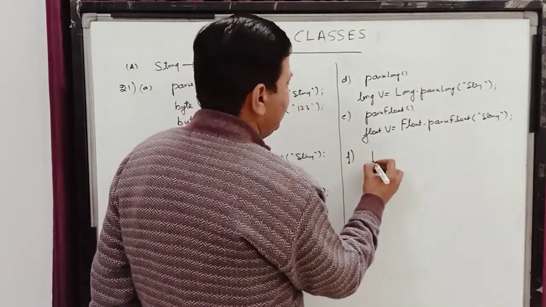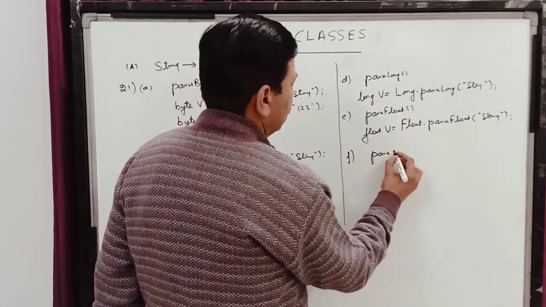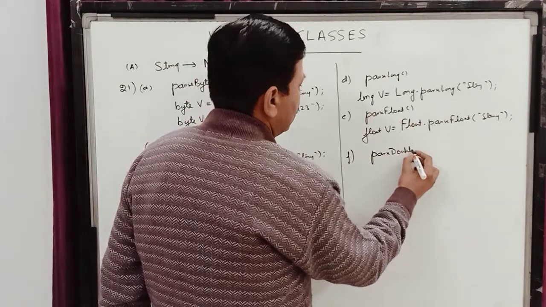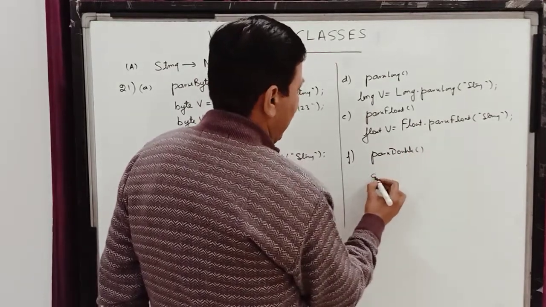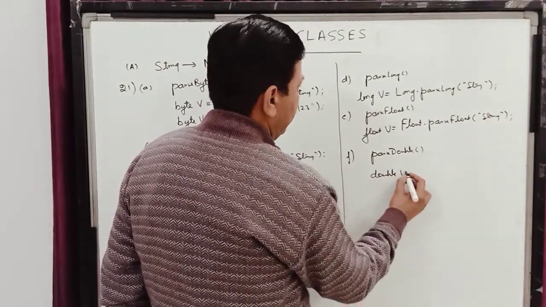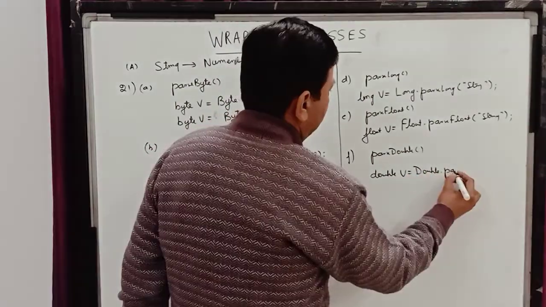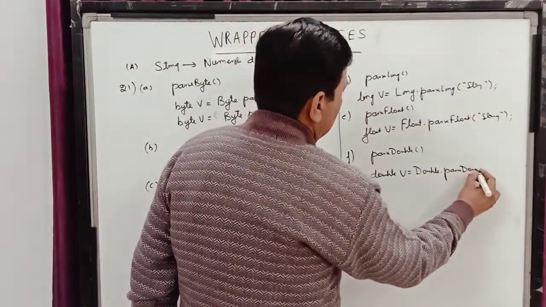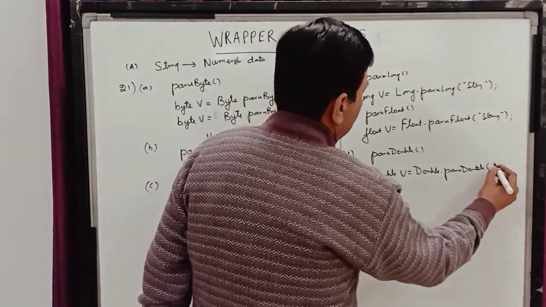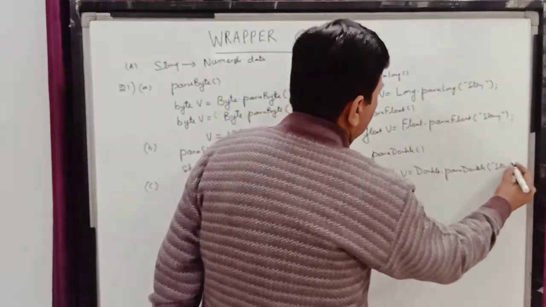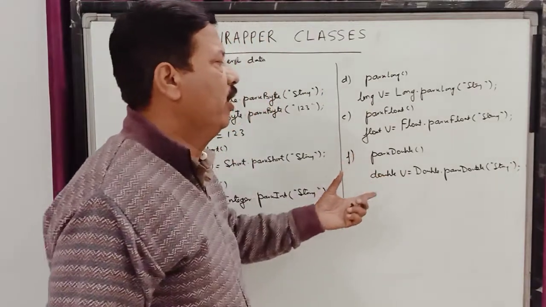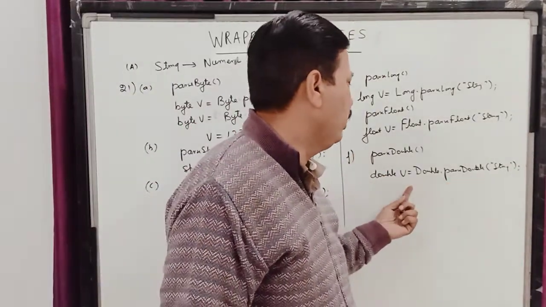Then the next is parseDouble, and the syntax of using this function is Double.parseDouble and a string. So, children, this function is going to convert this string data into type double.